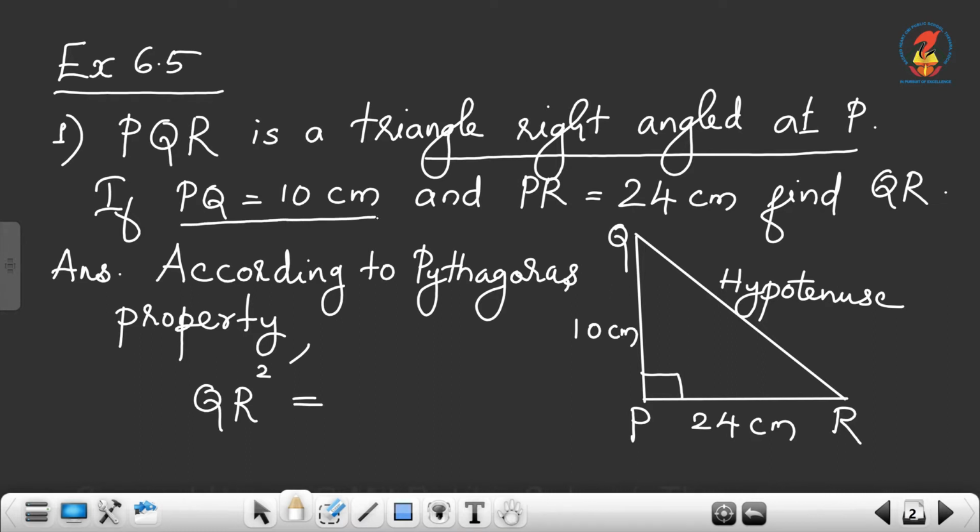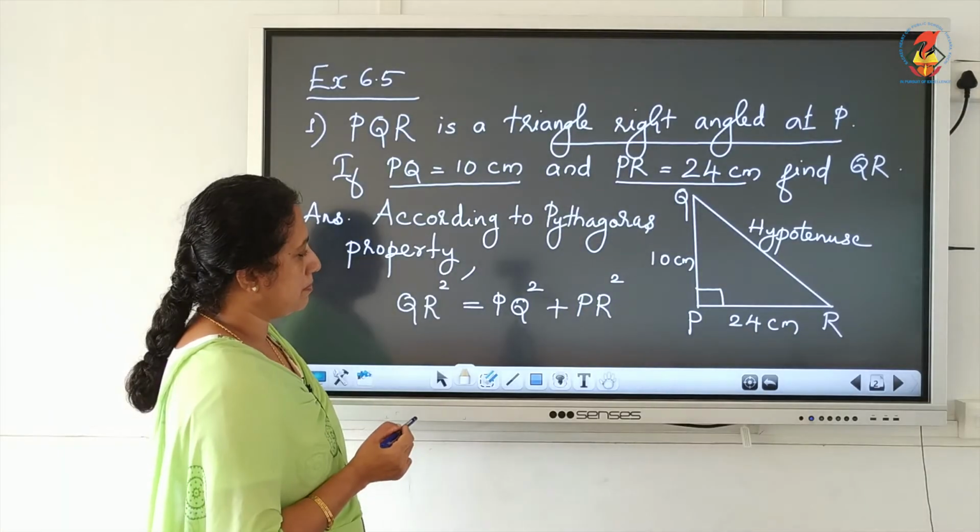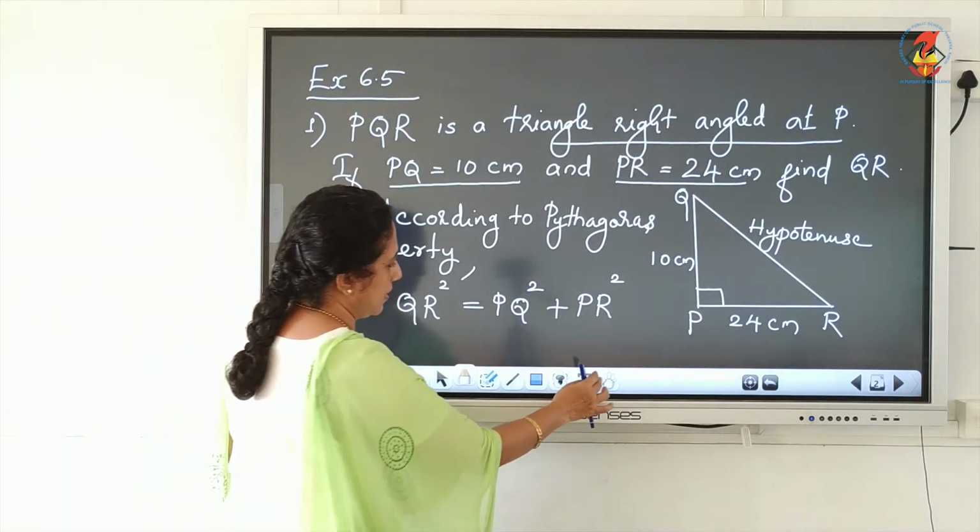PQ is given as 10 cm and PR is given as 24 cm. So, we can write PQ square or QP square, both are same, plus PR square. So, QR square is equal to PQ square plus PR square.